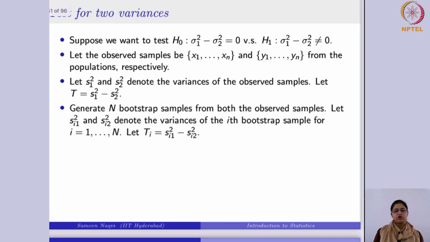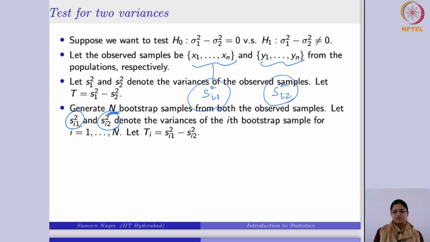Now I will keep on resampling from that with replacement. So you will generate N bootstrap samples. For each of them you will have si1 square and si2 square, because the one coming from here is s1. So for the first sample it will be s11 square, and likewise it will keep on going. Similarly here, what you obtain will be si2 squares. You will get these capital N number of times.